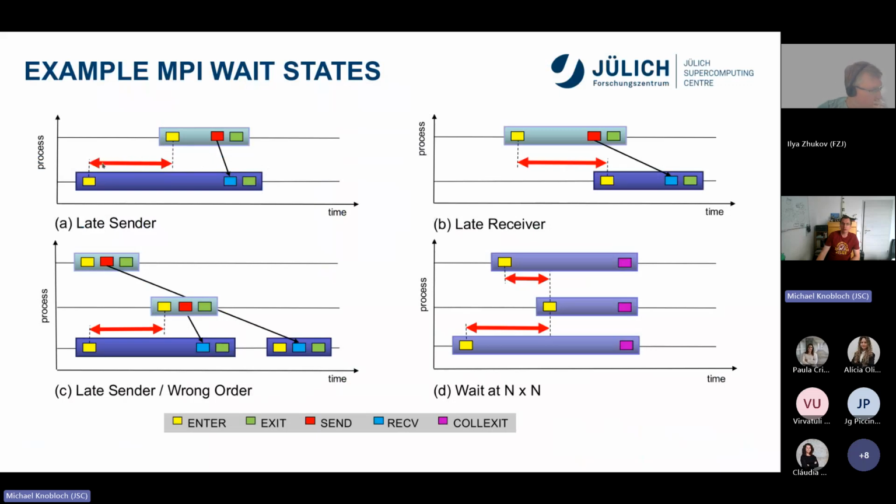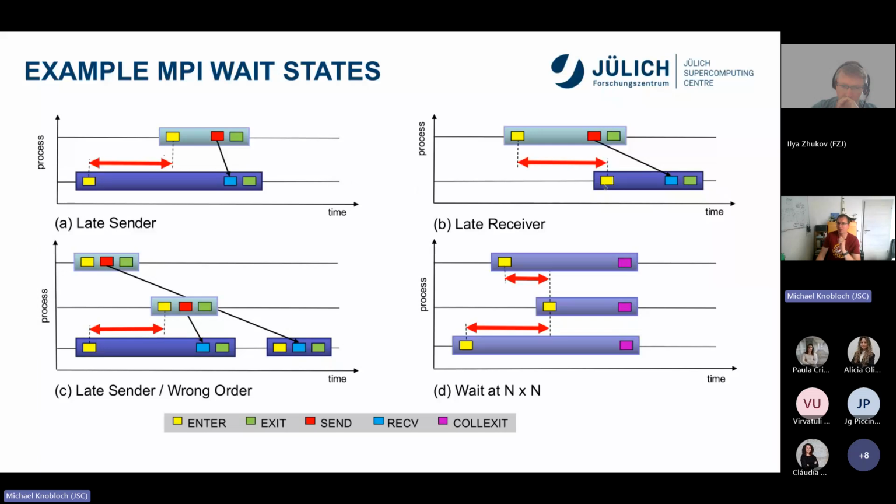So it had to wait for the sender to arrive at that point to be able to receive the message. So as I said, we replay the message, so the sender here knows its timestamp when it entered the send, and instead of sending the original application data, in the replay it sends its timestamp, right? And at this point, the receiver receives the timestamp of the send and can calculate the difference between its entry point to the receive call and the entry point of the sender, and can calculate its waiting time.